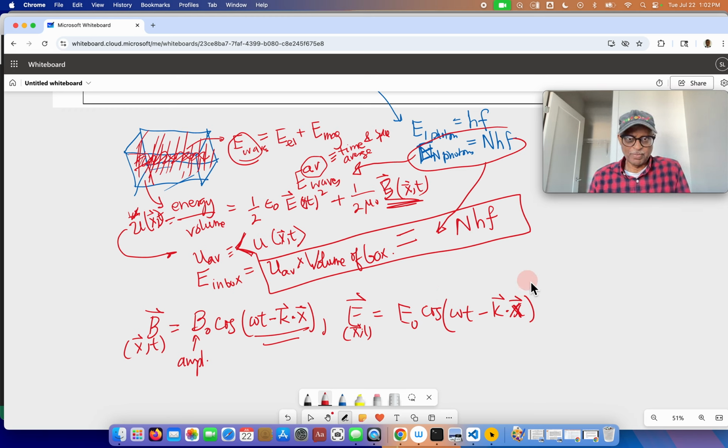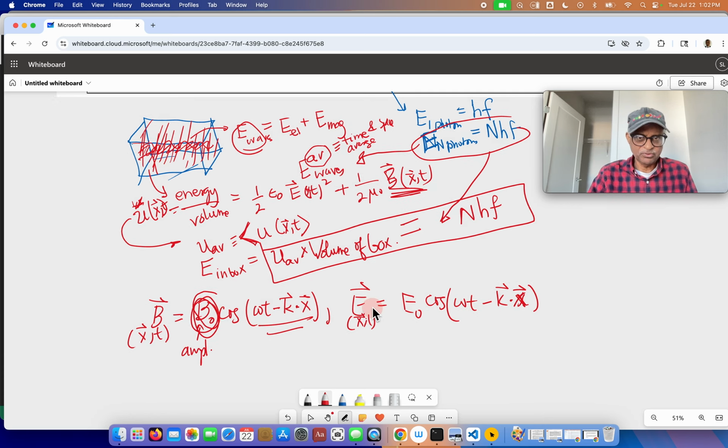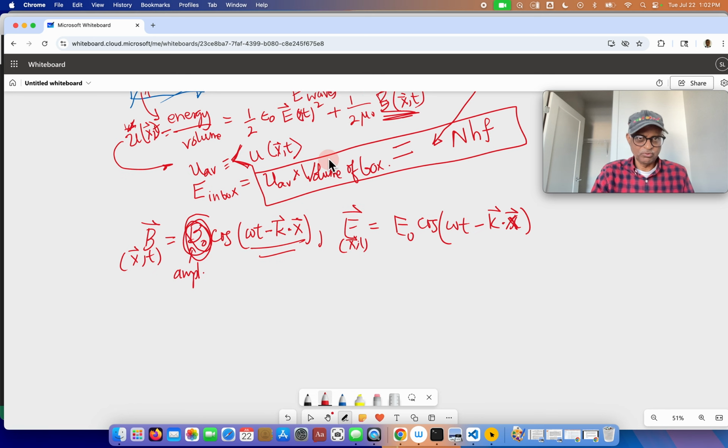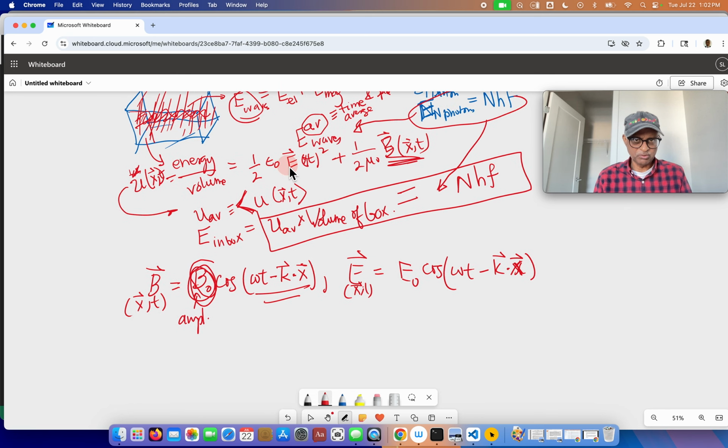And we're supposed to find this thing. I'm going to give you the answer first, and then we'll talk about how we got it. From this formula, you'll have some electric field squared and magnetic field squared. However, if you average it, you can write everything in terms of one of them.